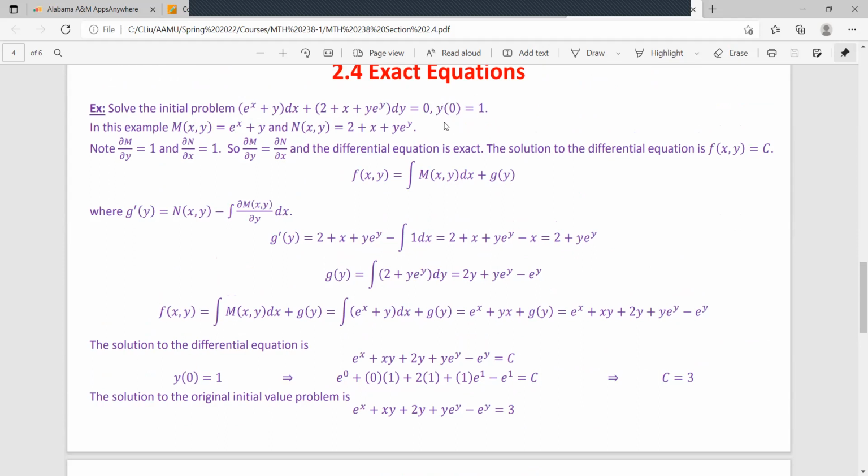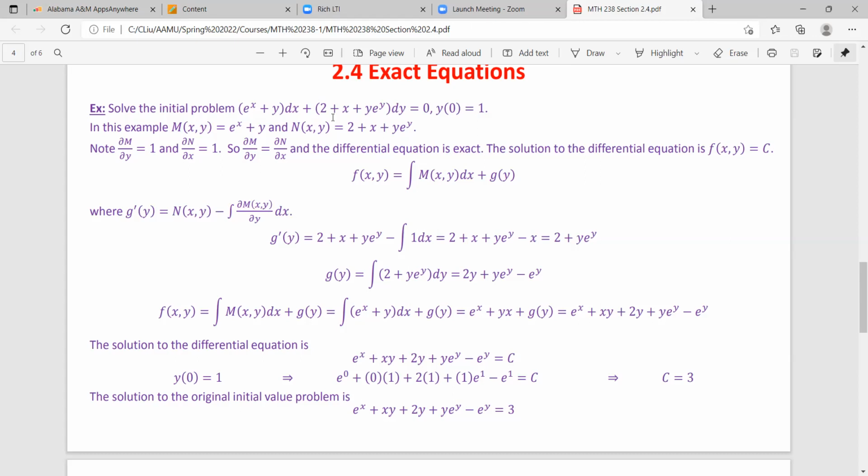Okay. So obviously, this is not a separable equation. You cannot separate the x and y. You cannot rewrite the equation to have x on one side and y on the other side. So that's not a separable equation.